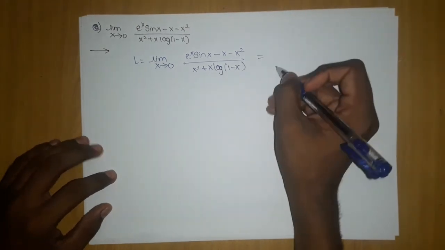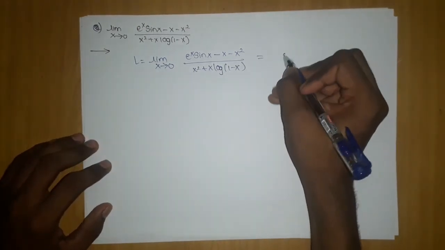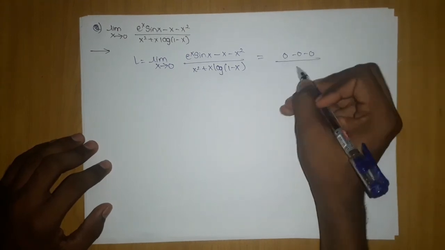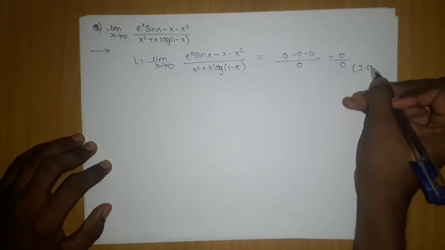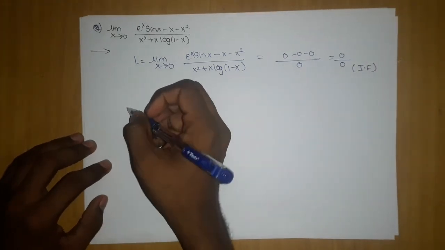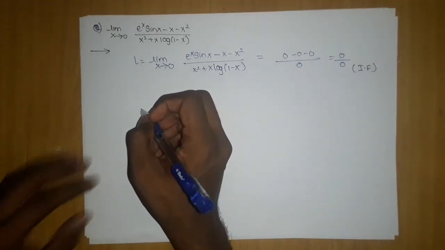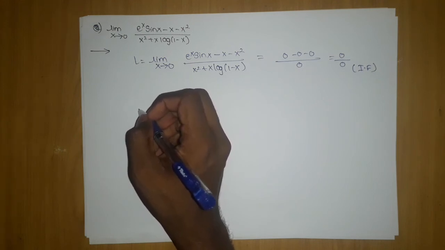At the first step, after this, substitute the values and you get 0 by 0, an indeterminate form. Can we simplify the denominator? No, it is log 1 minus x.